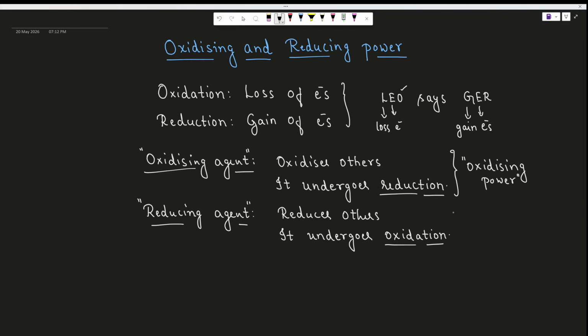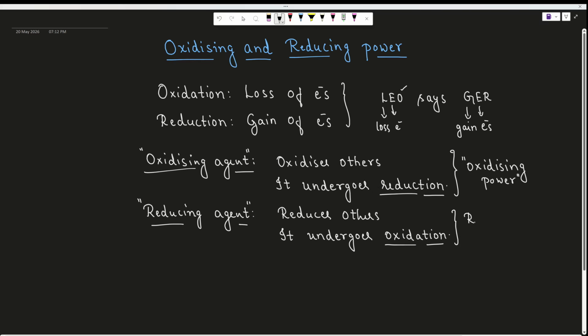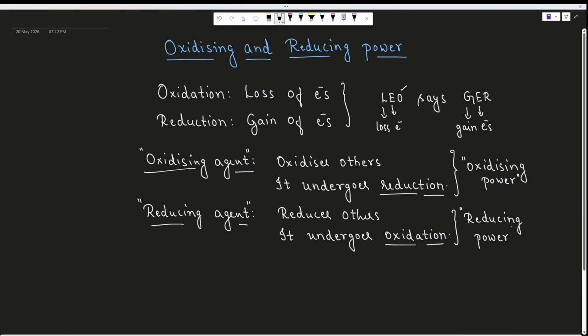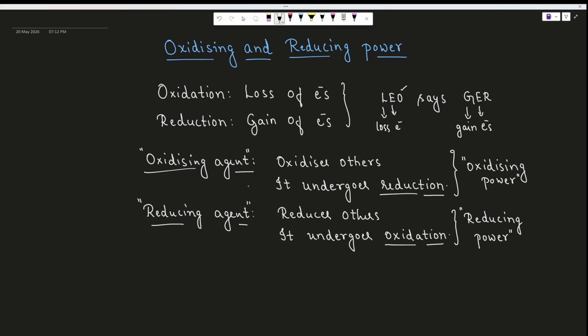Similarly, reducing power means the power of that element to reduce others, so by itself it will undergo oxidation. Reducing power is associated with reducing agent and oxidizing power with oxidizing agent.